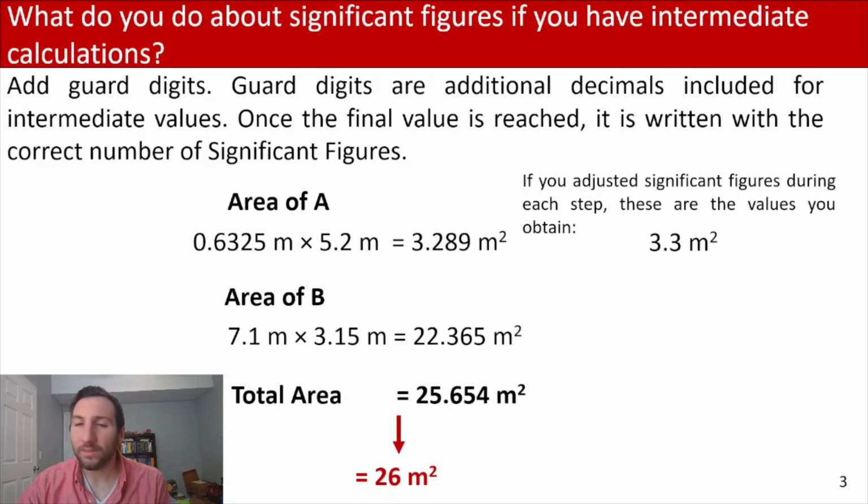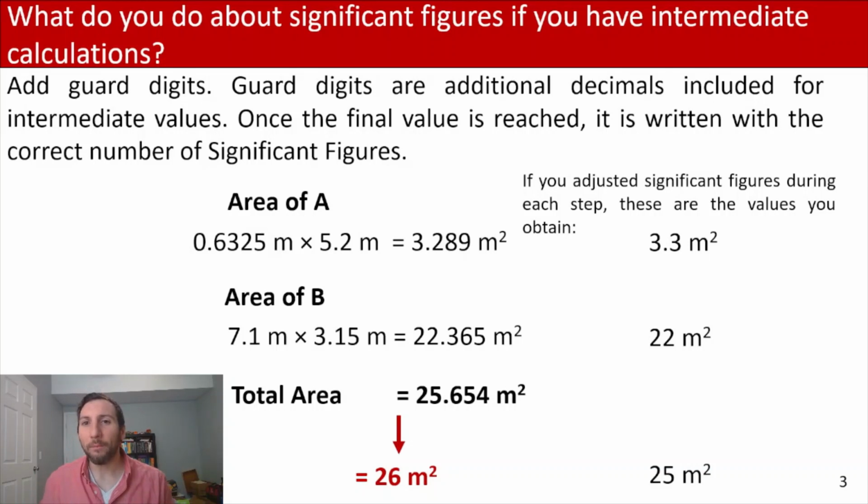And next, if we work with area B and we take that 22.365 square meters, again, we're going to go to 2 significant figures. In that case, we're going to have 22 square meters. And now if I sum that up, again following proper significant figure convention, I end up actually having 25 square meters.